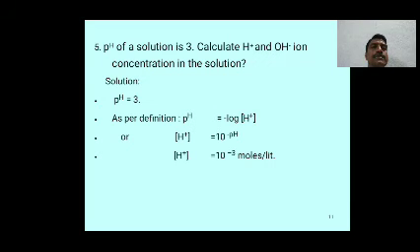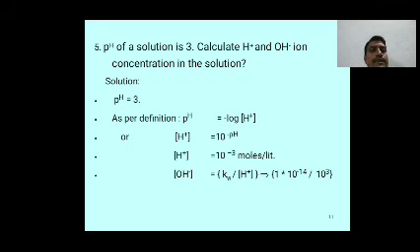Therefore, pOH is equal to 14 minus pH, 14 minus 3 is equal to 11. pOH is equal to 11. Therefore, OH- ion concentration is equal to 10^-11. OH- ion is equal to Kw divided by H+ ion concentration. The ionic product of water is 1 × 10^-14 divided by 10^-3, that is 10^-11 moles per liter.